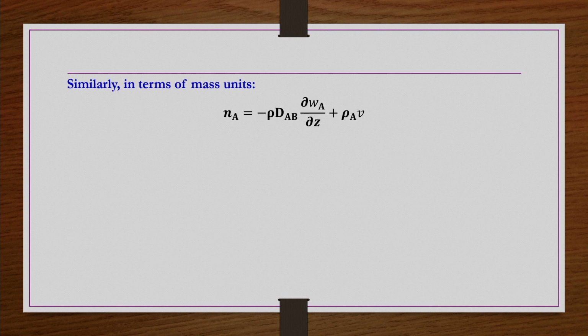So, small Na is equals to small Ja plus rho A V, and then small Ja is nothing but minus rho DAB dou WA by dou Z, we are taking here again only in the Z direction for simplicity.